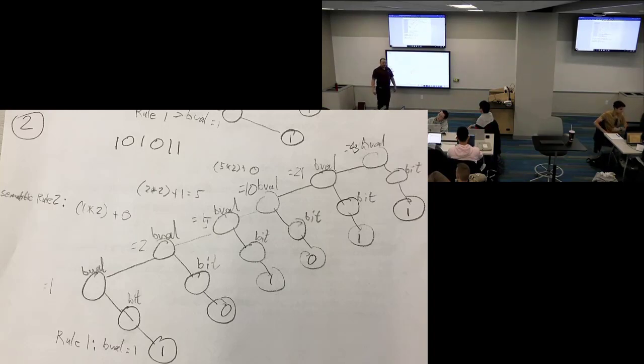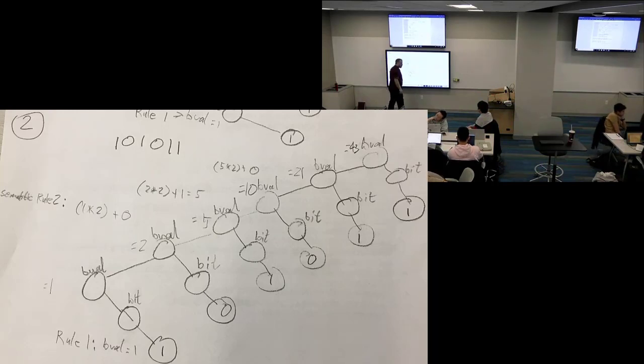Everybody know where I got that calculation from? From semantics rule number 1. It did not come from the heavens. So 1 times 2 plus 0 equals 2. Everybody okay with that?